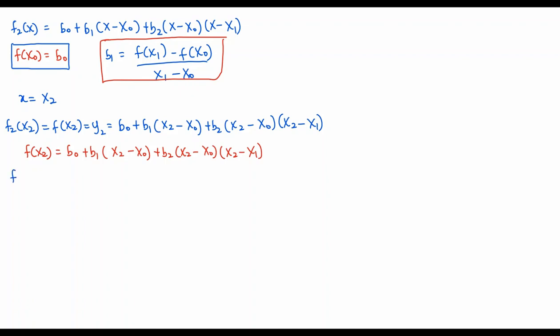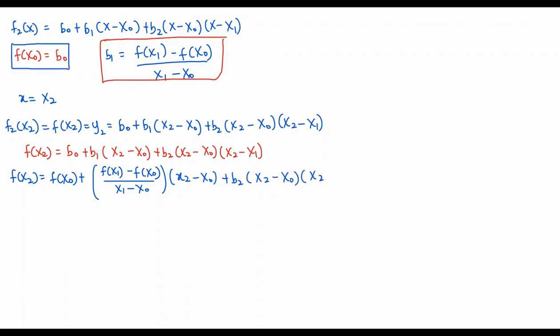You're going to have f of x2 equal to b naught, which is now f of x naught, plus b1, which is now f of x1 minus f of x naught, divided by x1 minus x naught, all this multiplying x2 minus x naught, right? Plus b2 bracket open, x2 minus x naught, multiplying x2 minus x1.